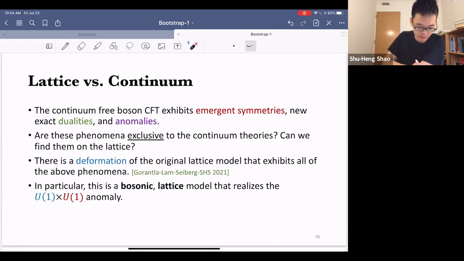In this particular context, there is actually a lattice model that flows to the free boson CFT at long distances that exhibits all these three features. In particular, this is a bosonic lattice model that realizes the U1 plus U1 anomaly. So let me quickly go over what that model looks like.